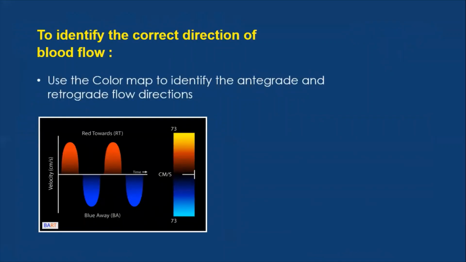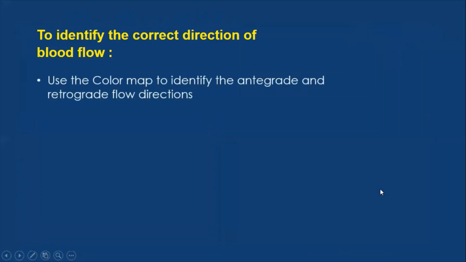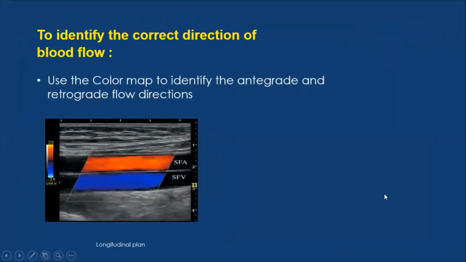We should use the color map to interpret flow directions. The upper part of the map means toward the probe. The lower part means away from the probe, or the beam direction. If we have this steered color box to the head side, and a map showing red and blue, there are multiple maps that you can choose on your machine.